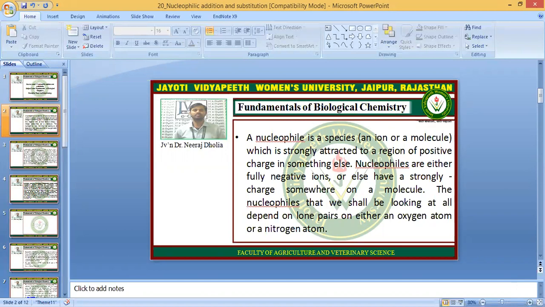The nucleophiles that we shall be looking at all depend on lone pairs on either an oxygen atom or a nitrogen atom. So basically, nucleophile means the species which loves the nucleus. Okay, nucleus means positive charge.